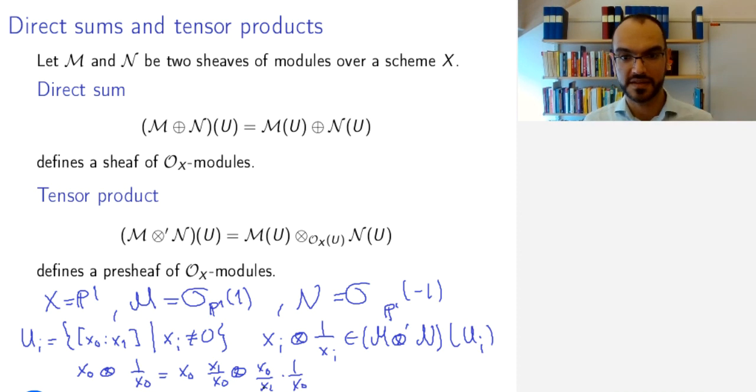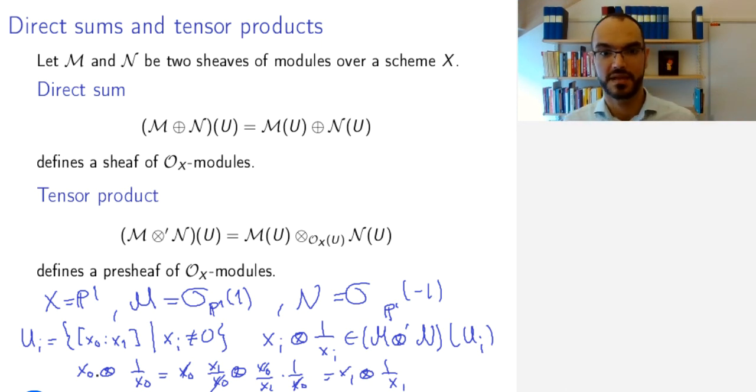So these two terms cancel each other, and because I am tensoring over the algebra OX of U, these both belong to this algebra because the degree difference is 0 and they're homogeneous numerators and denominators. So by properties of the tensor product, this is equal to this. I have just multiplied by an element and its inverse on either side of the tensor product. And now I just simplify. So I get x1 tensor 1 divided by x1.